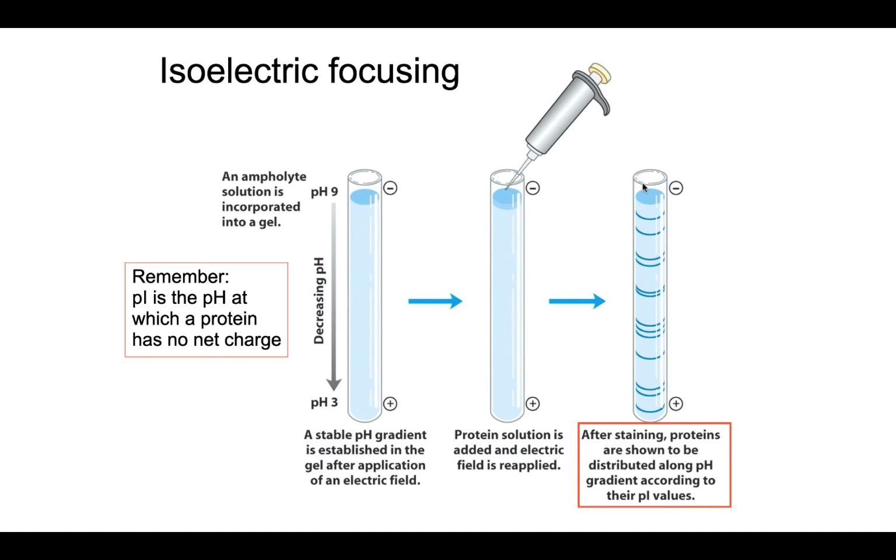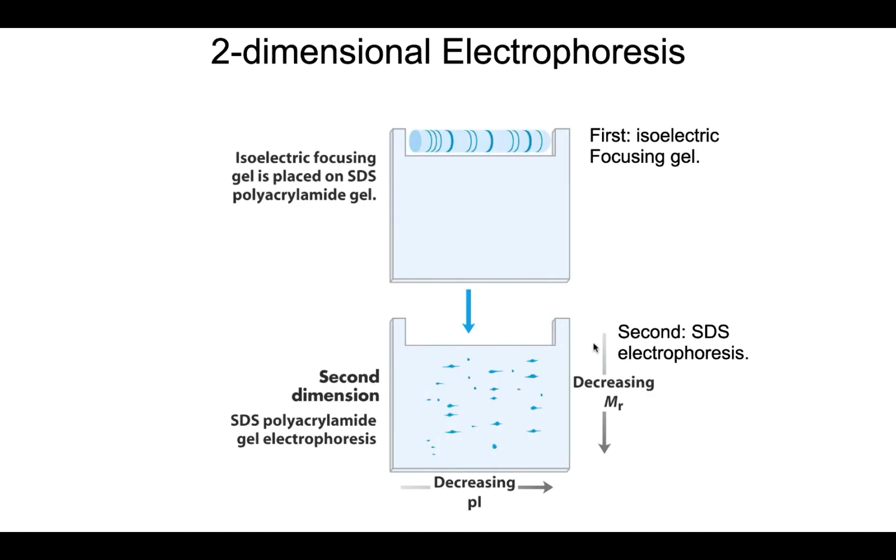Furthermore, you can now take this gel and turn it on its side and put it into an SDS polyacrylamide gel. All of the proteins in this band have the same isoelectric point, but that doesn't necessarily mean they're the same size.